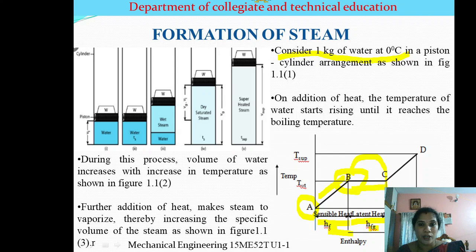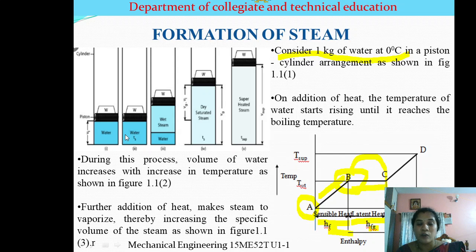So in the formation of steam, if they ask in the examination to explain the formation of steam with the help of the TH diagram, then you have to write this. Which are the points you need to remember? One is, you are taking 1 kg of water at 0 degrees Celsius. Secondly, we are heating the water till the boiling point, which is represented at T saturation.